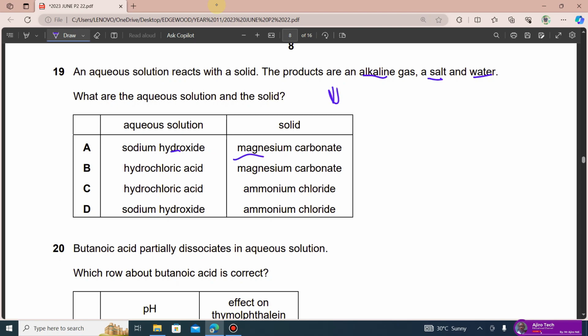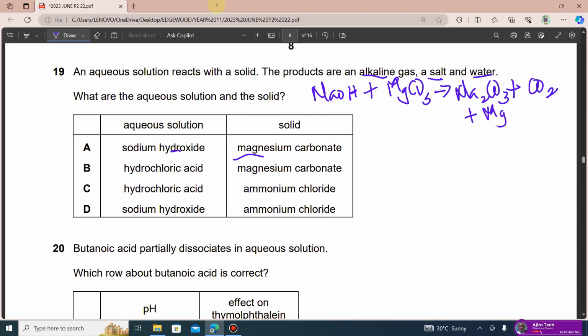For the first one, sodium hydroxide, NaOH, plus magnesium carbonate, MgCO3, you are going to produce sodium carbonate, carbon dioxide, and magnesium hydroxide.